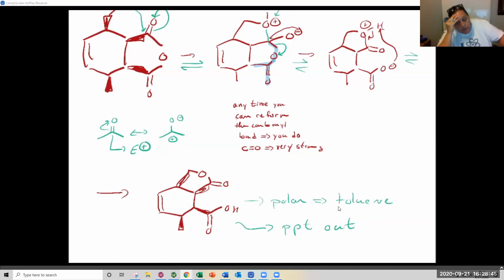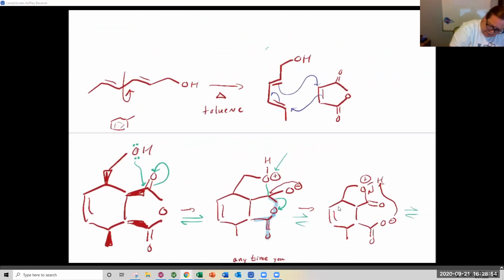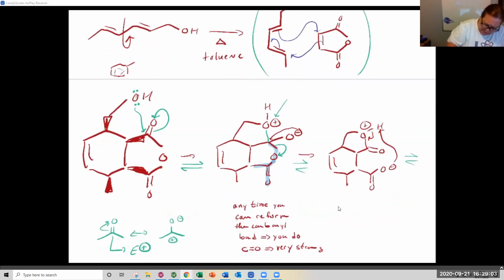Even though it's still in the reaction flask, it's no longer part of the homogeneous mixture. In other words, these two species here are soluble in toluene. And even though it doesn't seem like it, this ionic intermediate and this ionic intermediate really aren't. But remember, they're intermediate species, so they last for maybe a femtosecond. It's not like I can isolate either one of these intermediate species.